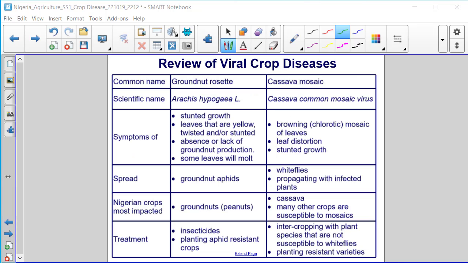The next few slides are a summary review of the viral crop diseases we've discussed, beginning with groundnut rosette with its symptoms, spread, impacted crops, and treatment. Cassava mosaic with its symptoms, spread, crops most impacted, and treatment.